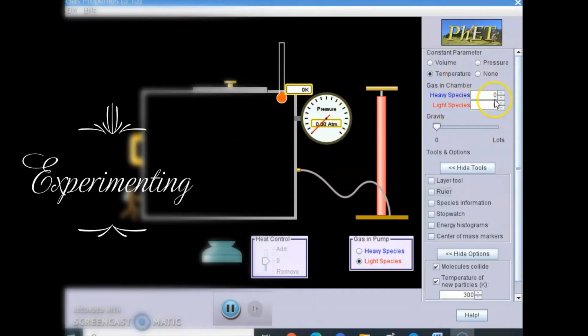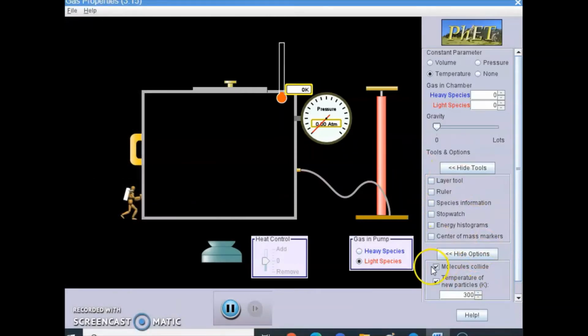But we want to focus on Boyle's Law, so we must set the container to constant temperature. We choose the temperature of new particles as 300, so that will be constant.